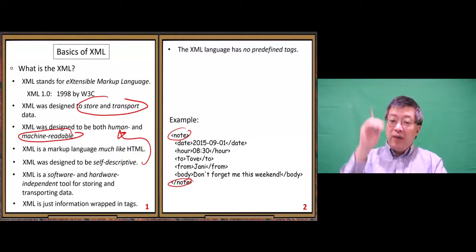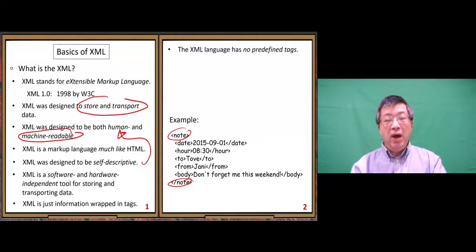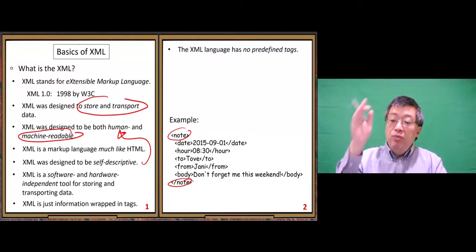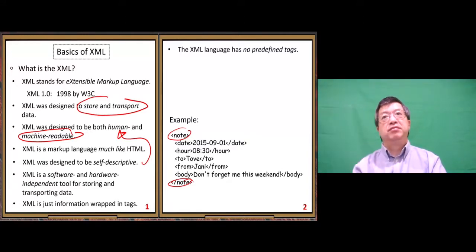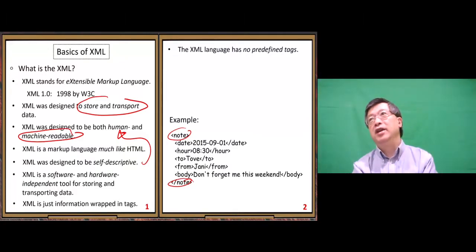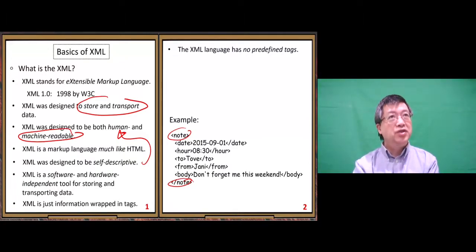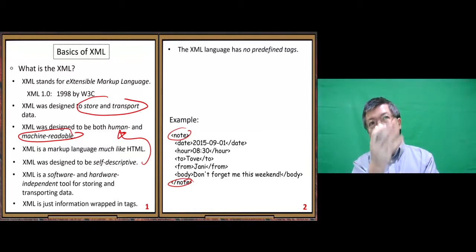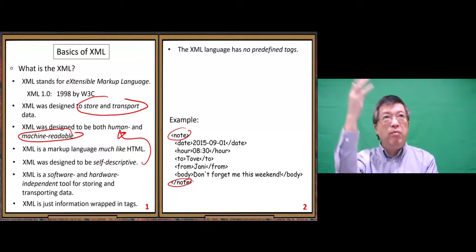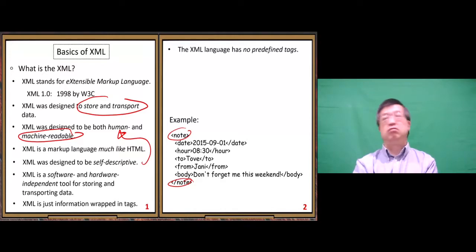Another property different from HTML: it has no predefined tags. In HTML, all tags are predefined, and we as users cannot define any tags. If you use tags that are not predefined, the web browser just ignores those unknown tags.